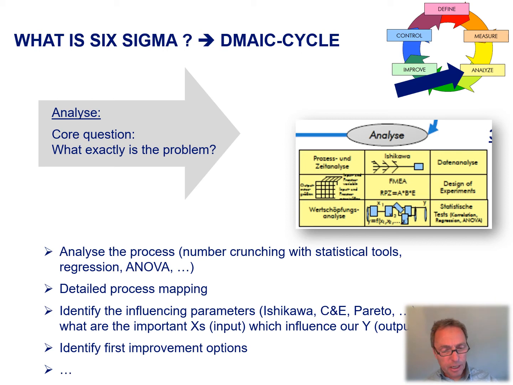And we have to find out what are the important inputs, the X, which influence our output, our Y, which we want to have and which we want to improve. And of course, maybe we identify here already first improvement options.